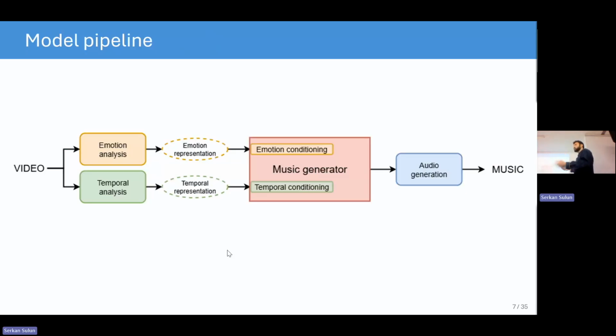To go real quick, the video will be analyzed in terms of emotions, and these emotions will be used to condition the music generator. On the other branch, you do temporal analysis, and then you have some temporal features, and these will be used to condition temporal music generation.